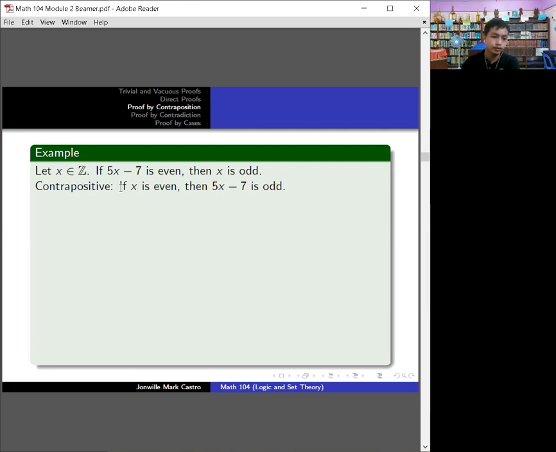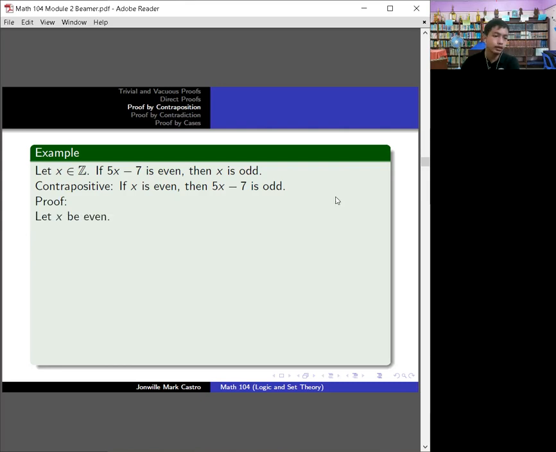Okay? So, ito ngayon yung ipiprove natin. So, pag na-prove natin to, para na din natin na-prove yung original statement natin since logically equivalent yung dalawang statements na yun. Okay, so proof. Let x be even.